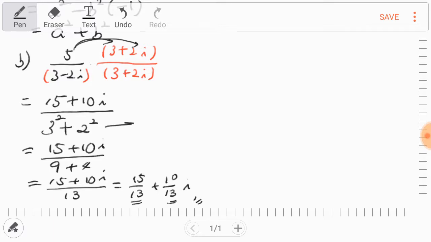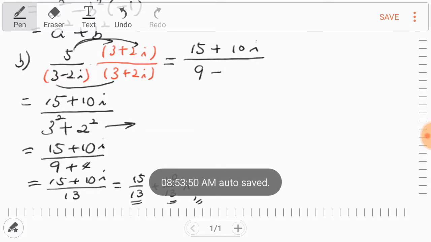What if we don't know the shortcuts? Then what can we do? Just multiply one by one using the FOIL method. So the numerator is 5 times 3 is 15, 5 times 2i is 10i. Divided by 3 times 3 is 9, minus b squared.